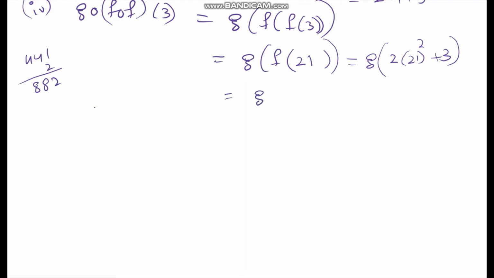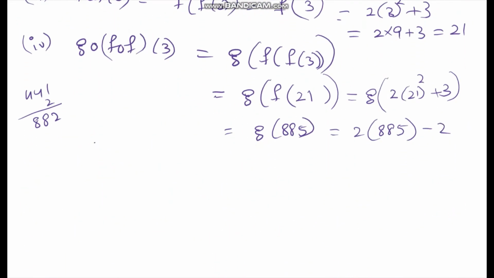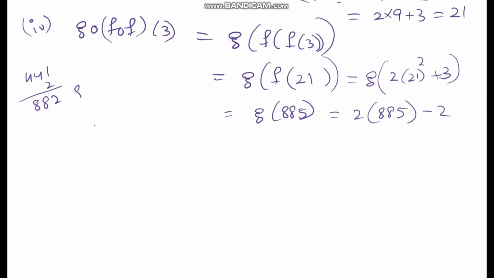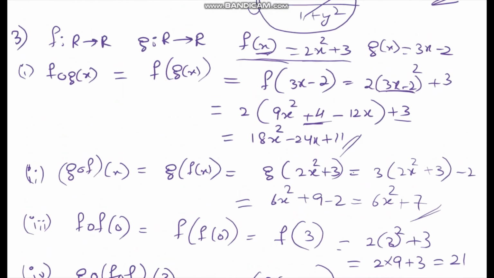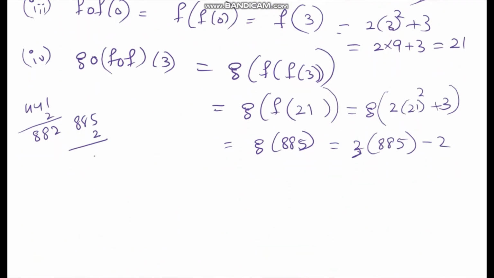This equals g of 885. g of 885 equals 3 into 885 minus 2.